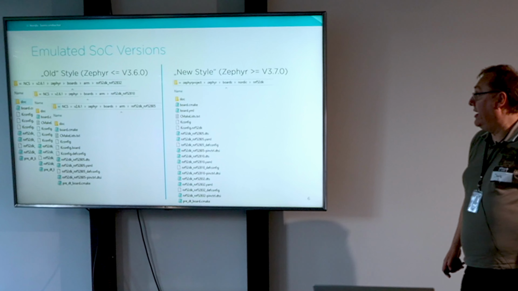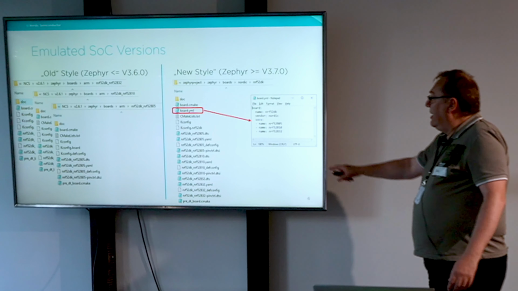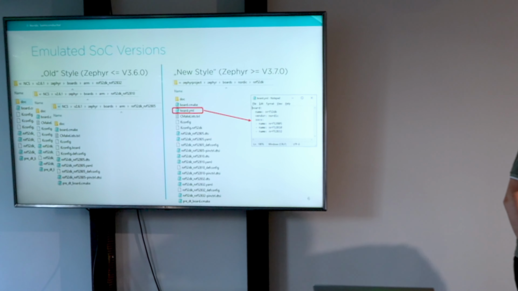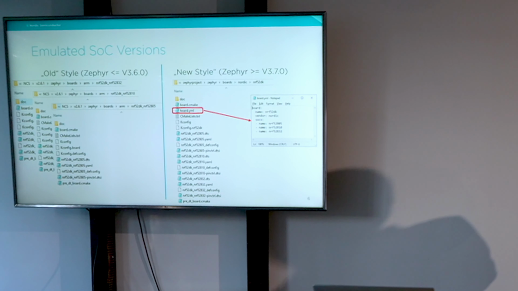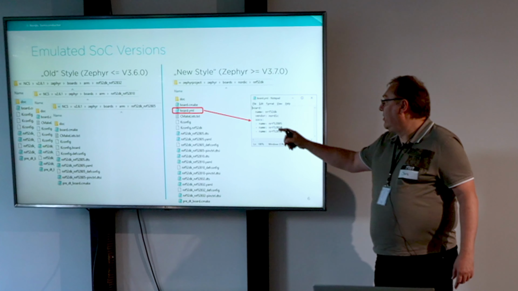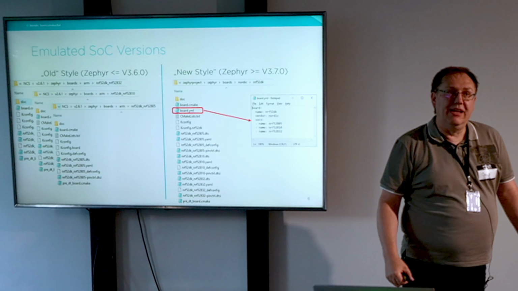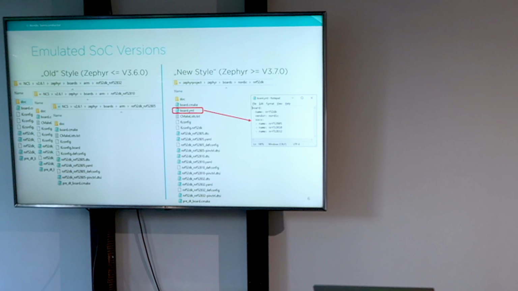How can I now use this? There's one new file, the board XAML file. In the board XAML file, you can do definitions about your dev kit. In this case, the device, the chip variants, are defined here.